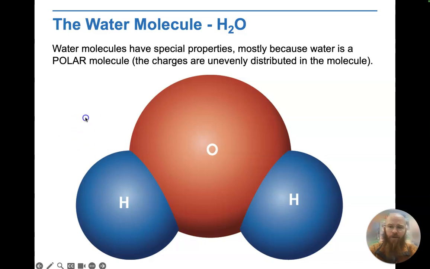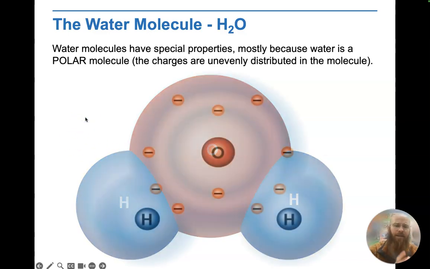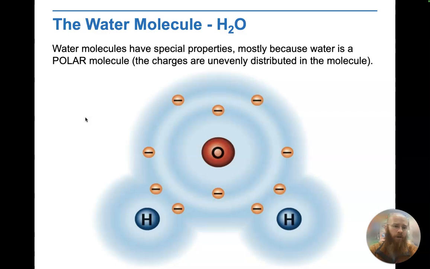And so if I click my screen here, you can kind of see what that internal structure of the molecule looks like whenever we consider the electrons that these molecules have. So let's start with oxygen. Again, oxygen is atomic number 8. So that means not only are there 8 protons here in the nucleus, but there are also going to be 8 electrons surrounding the nucleus.